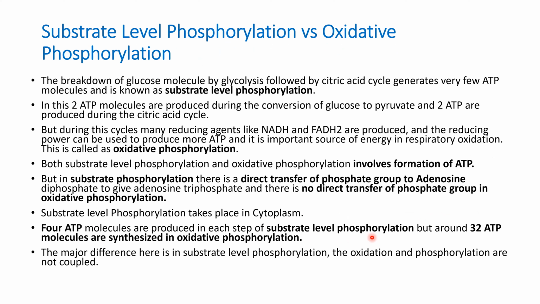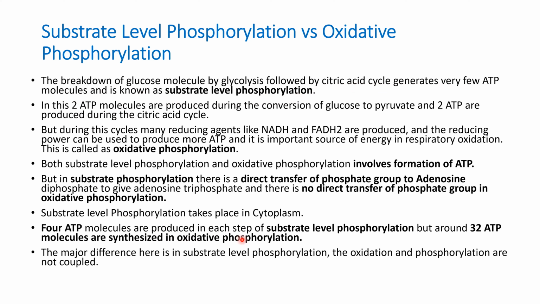Now, substrate level phosphorylation versus oxidative phosphorylation. The breakdown of a glucose molecule by glycolysis followed by the citric acid cycle generates very few ATP molecules and is known as substrate level phosphorylation. We have seen that only 2 ATP molecules are generated in substrate level phosphorylation, while in oxidative phosphorylation almost 30 to 32 ATP molecules get synthesized.